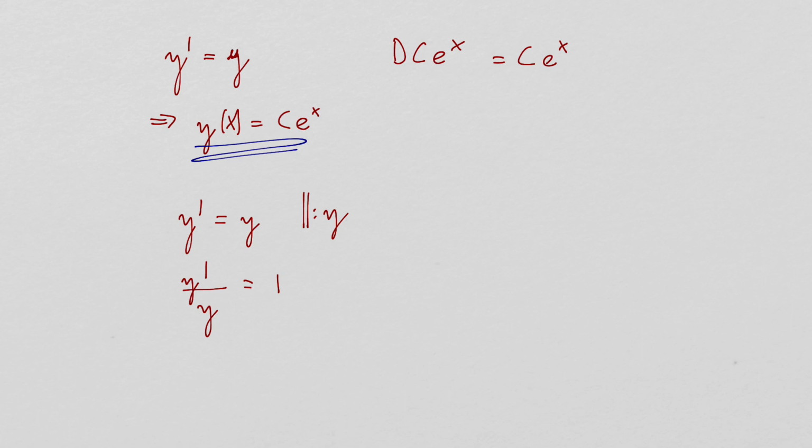We need to integrate on both sides. In the right hand side we get x plus some constant. Now how to integrate the left hand side? If we would integrate 1/x, the integral would be ln x.